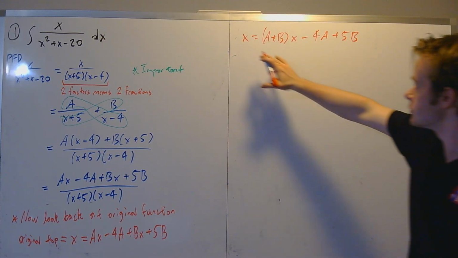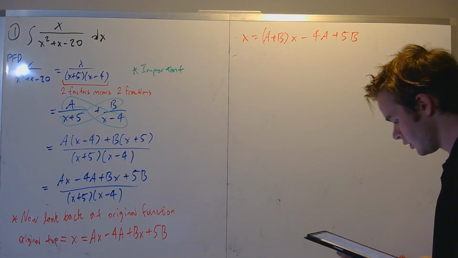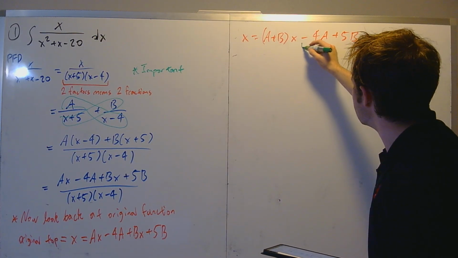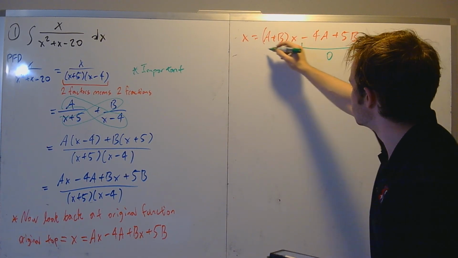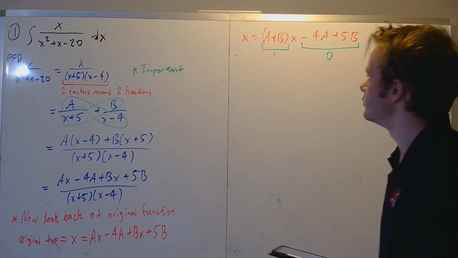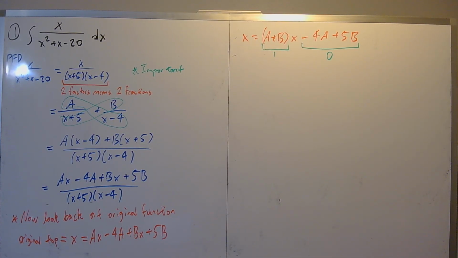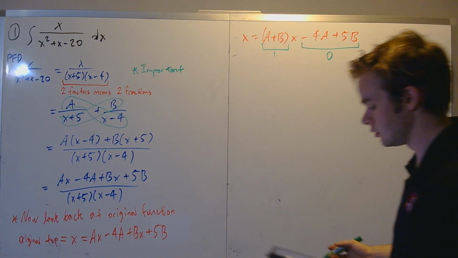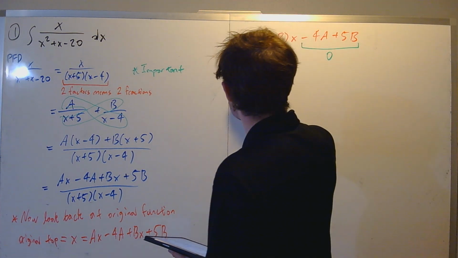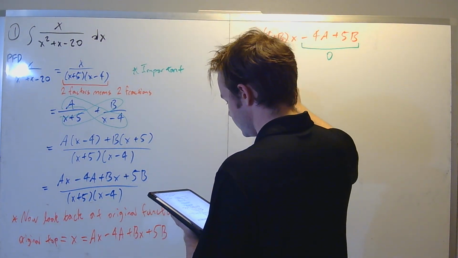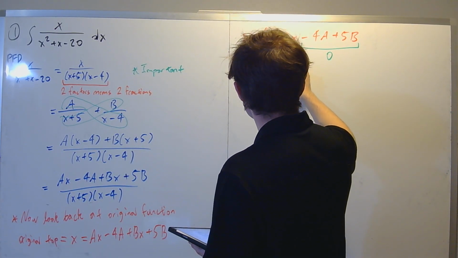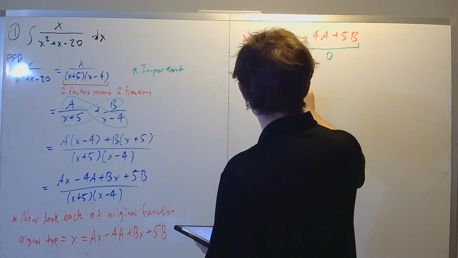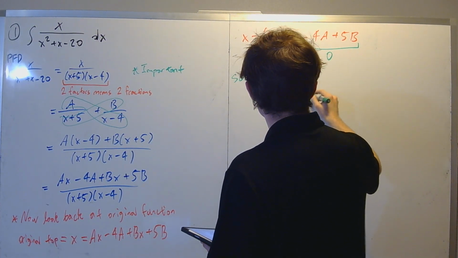And the thing to notice is that x is equal to this side. So this constant part must be 0, and this coefficient must be 1, right? Because it's equal to x. So the coefficient of x must be 1, and this must be 0, and this gives us two equations. Our equations are going to be a plus b equals 1, and minus 4a plus 5b equals 0.